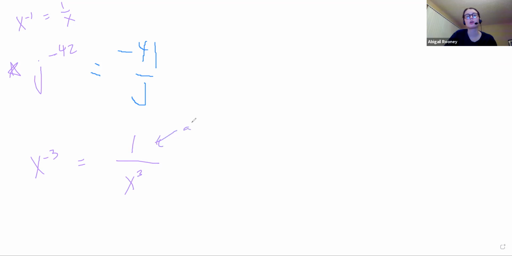So here is always 1, and here is our base to our positive exponent. Okay, so here, let's retry. How would you do j to the negative 42 or negative 42nd power?